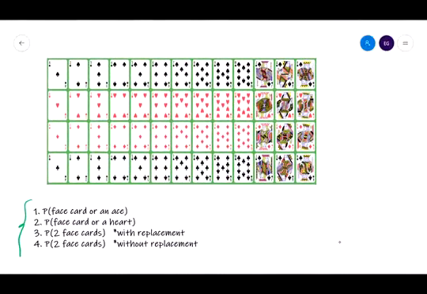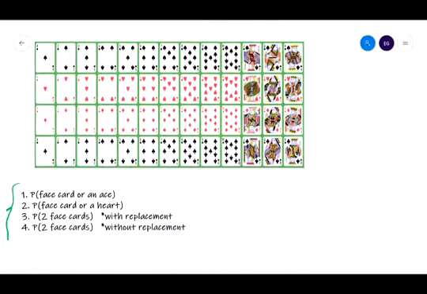Okay, so number 1. What is the probability that you pull one card at random from a deck, and that card is either a face card or an ace?